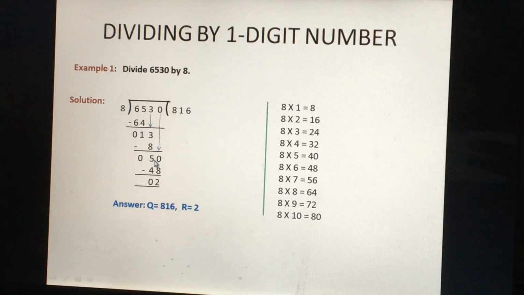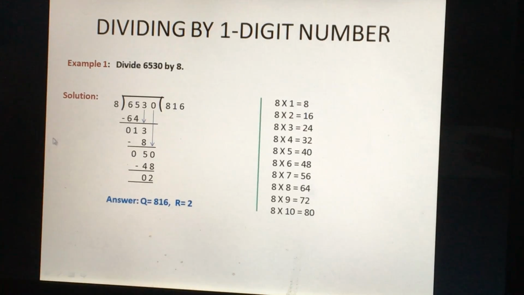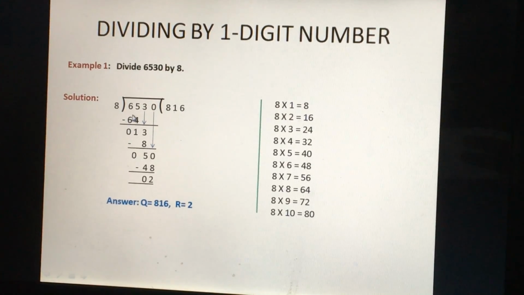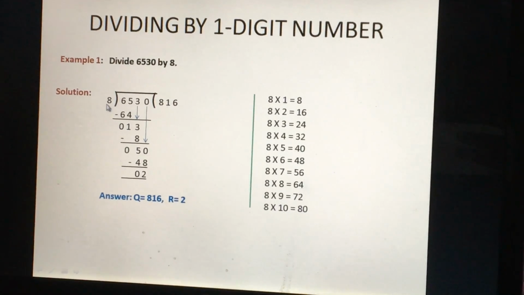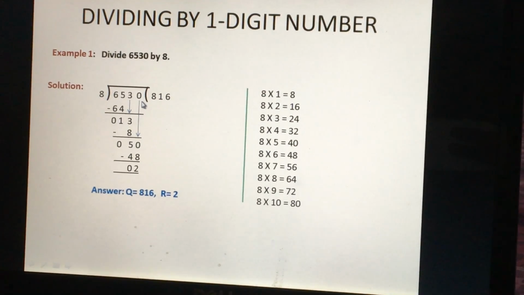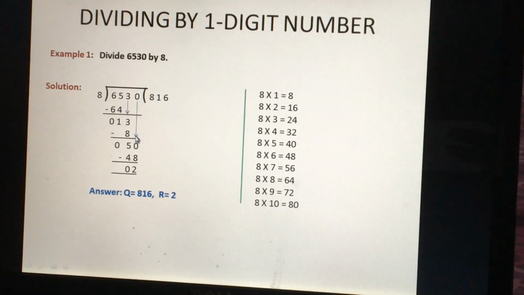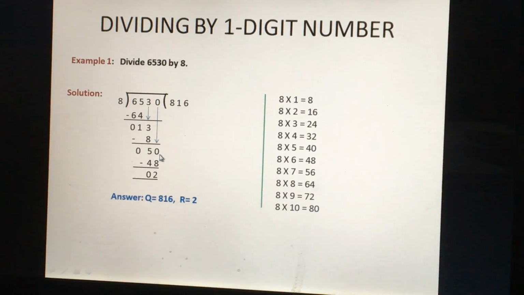Again this 5 is smaller than 8, and it should be smaller than 8. Note that at each step the remainder should be smaller than the divisor. So we cannot divide 5 further. What will we do? We will bring down the next digit. What is the next digit? 0. So we will bring down 0.